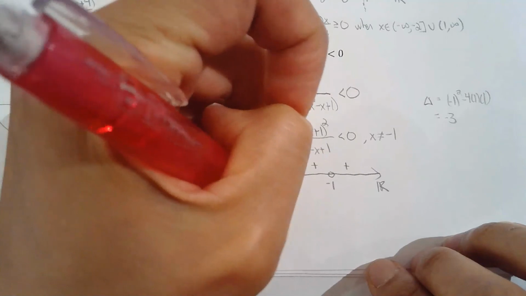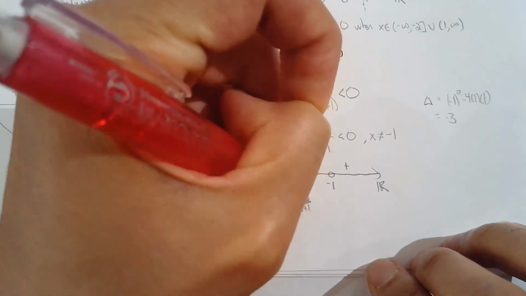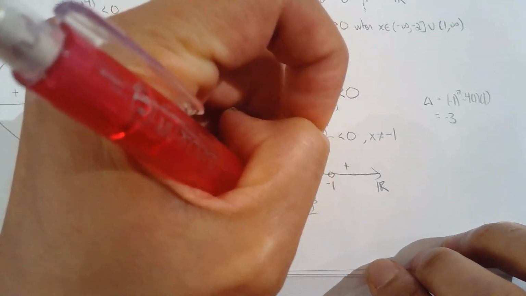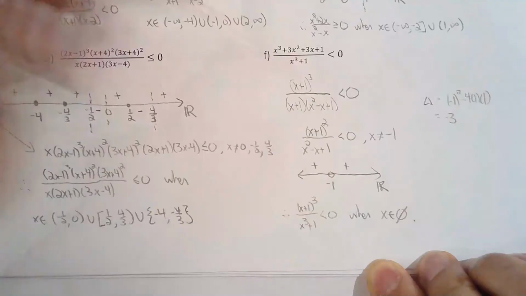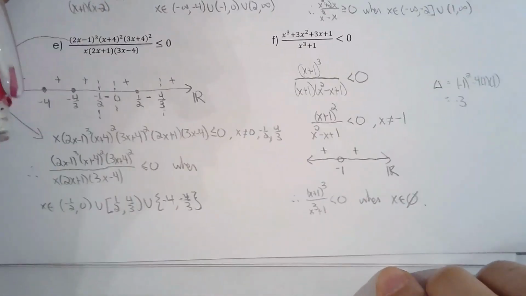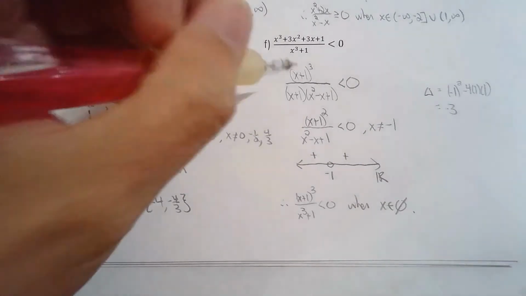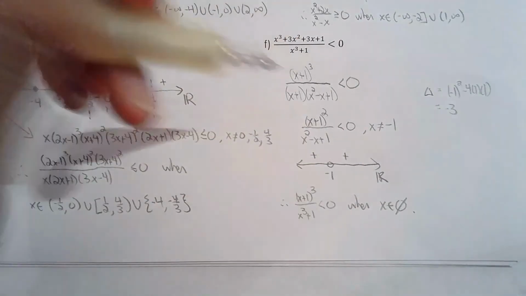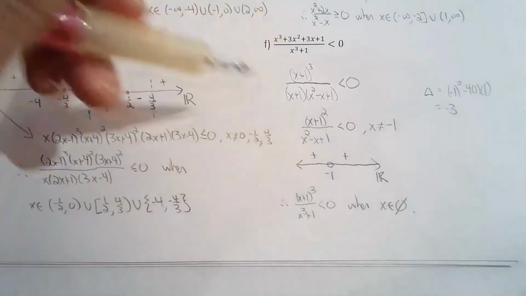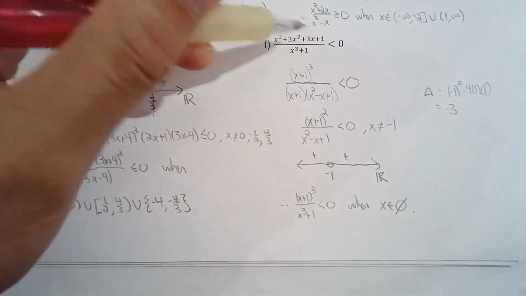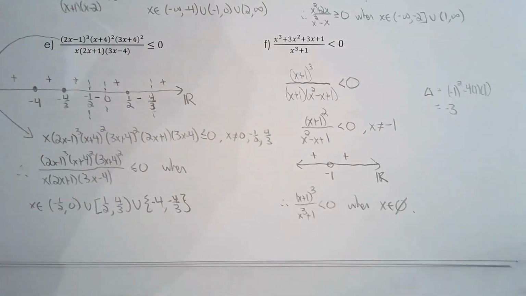So therefore, when is this inequality less than 0? Never! Trick question. It's never less than 0. It's always greater than 0 actually, except for when x is negative 1, because this would be undefined if x were equal to negative 1.